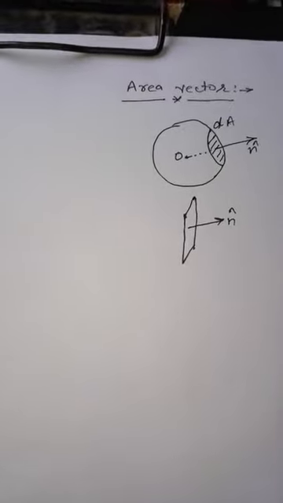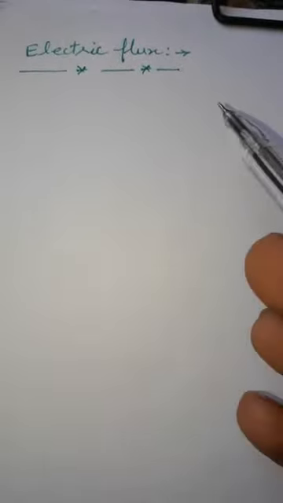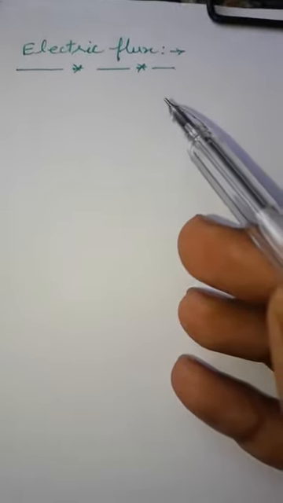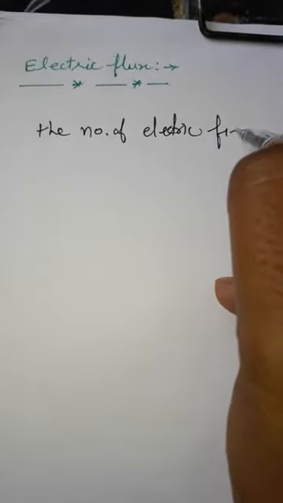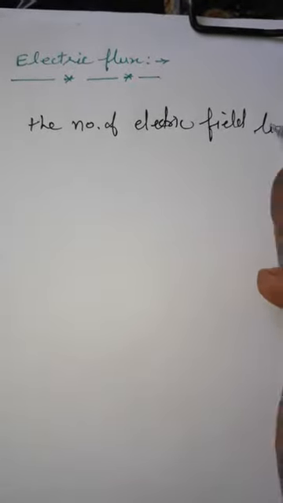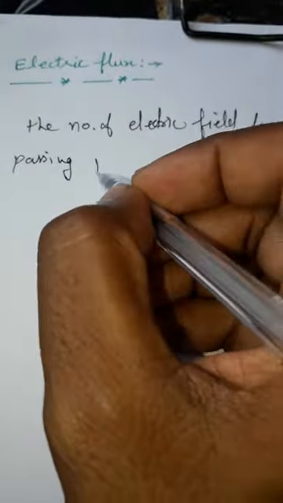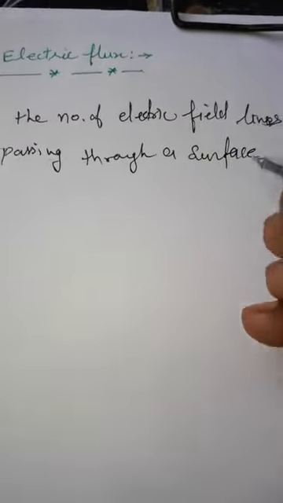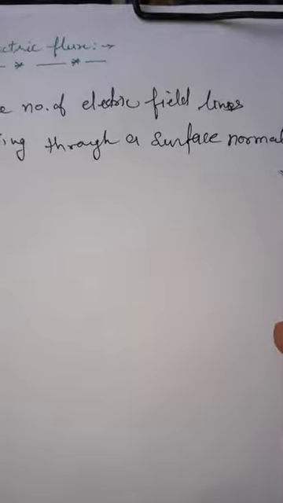Now come back to our topic, that is electric flux. So what is flux? According to the definition, the flux is the number of electric field lines passing through a surface normally or perpendicularly.